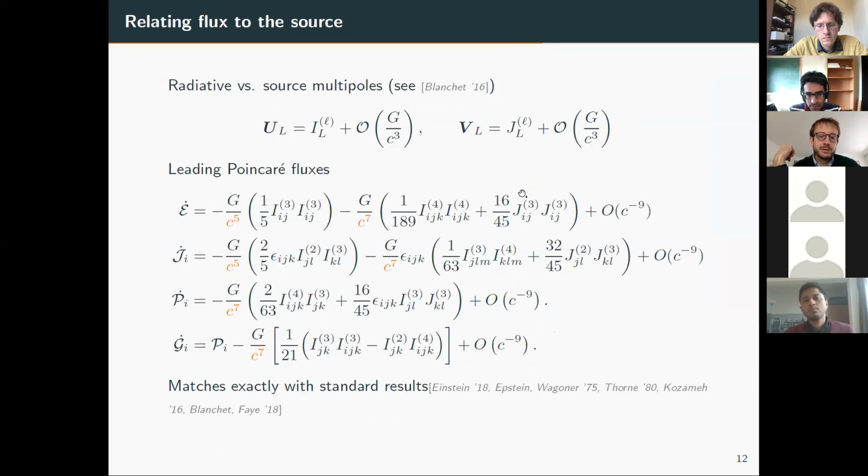The problem is not on the right-hand side, it's on the left-hand side. In the case of Poincaré, you know the Newtonian expression for the Poincaré charges. But for BMS, you still don't know what the super momentum is in terms of the parameters of the source. If you give me that, then I can put it in my equation and see what comes out. Okay, thanks.